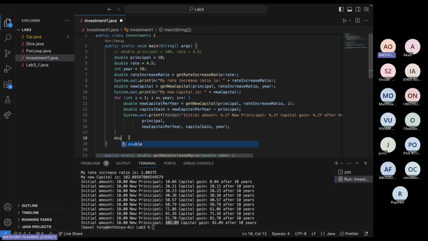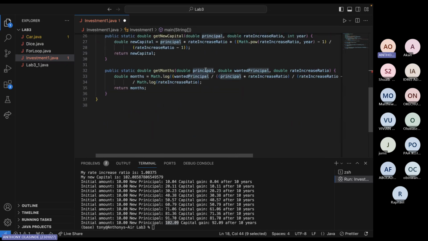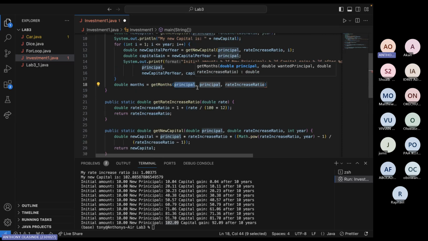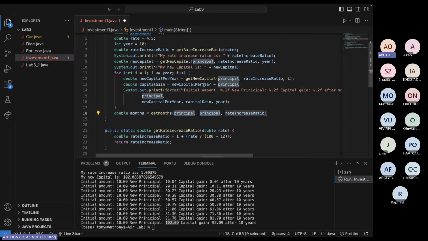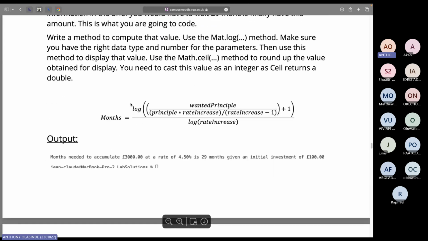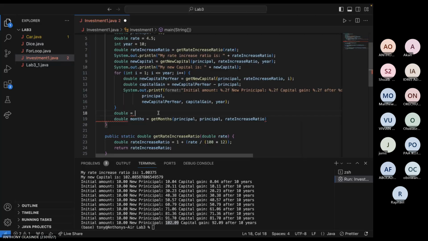Our double months equals get months. Then we supply principal, we supply wanted principal, and we supply increase ratio. Our wanted principal is 3,000.